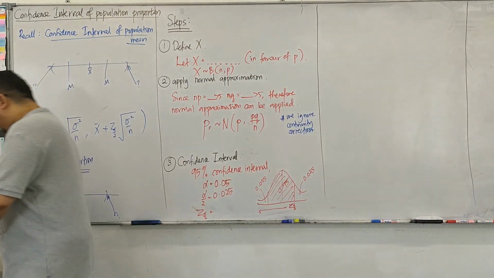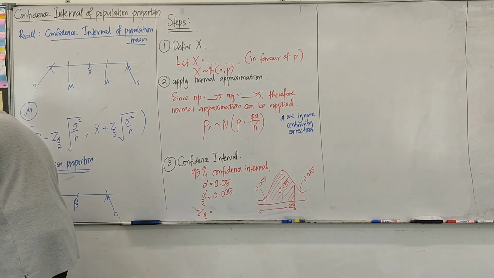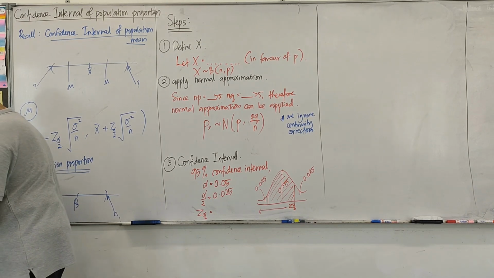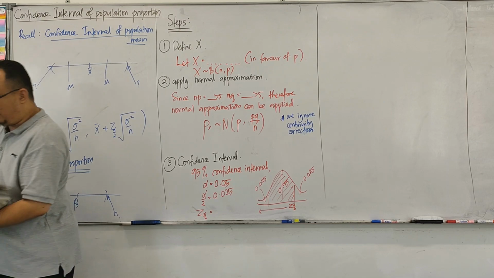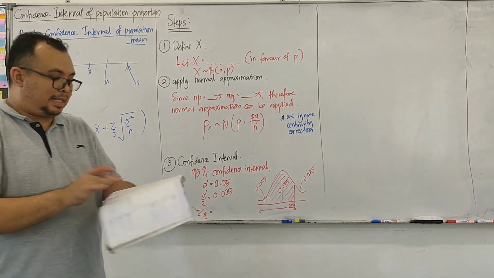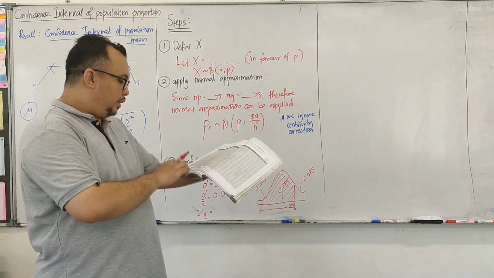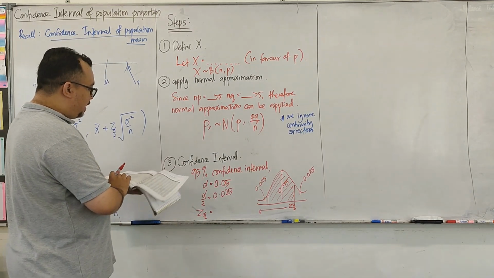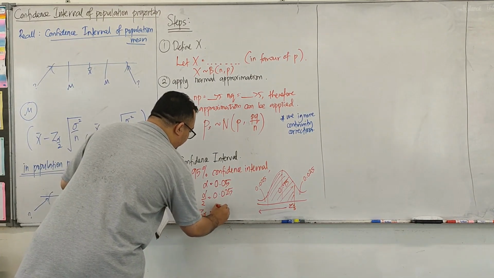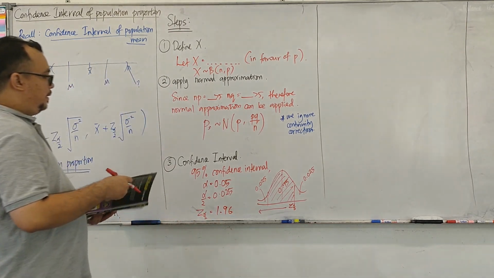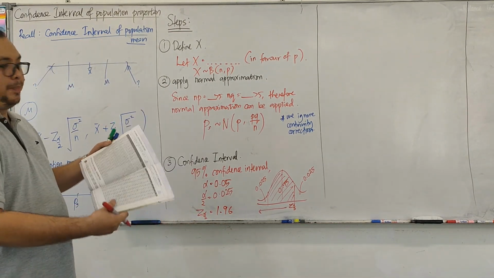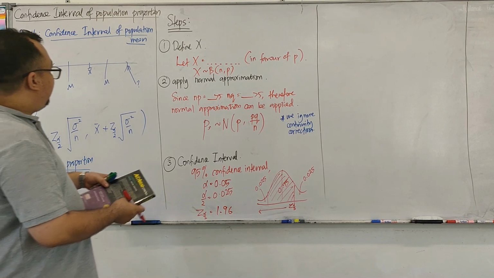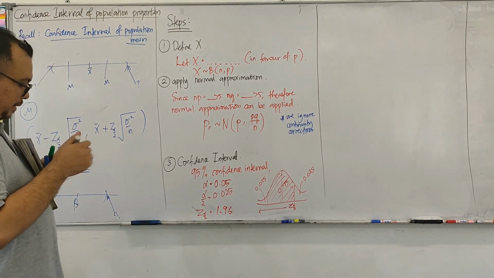Okay, so berapa kita dapat? Okay, you refer to your table. Okay, buka table awak, tengok page belakang sekali. So this one is 97.5, so 0.975, so this is 1.96. Okay, tengok dekat table awak. Okay, so that is your step 1, step 2, and step 3.